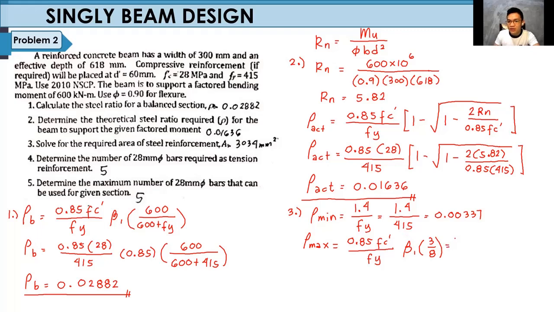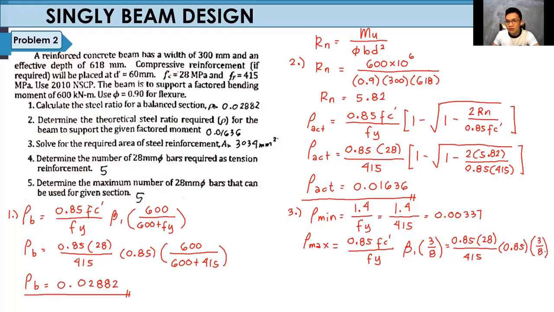So, lagay natin 0.85, fc prime natin would be 28, fy natin is 415. Beta natin, sakto na 28 megapascal. So, 0.85 multiplied by 3 over 8.